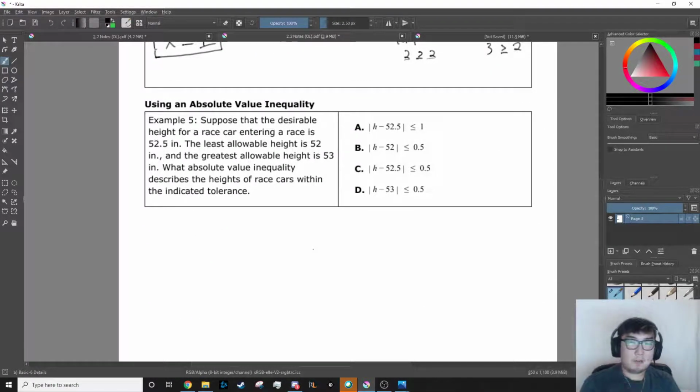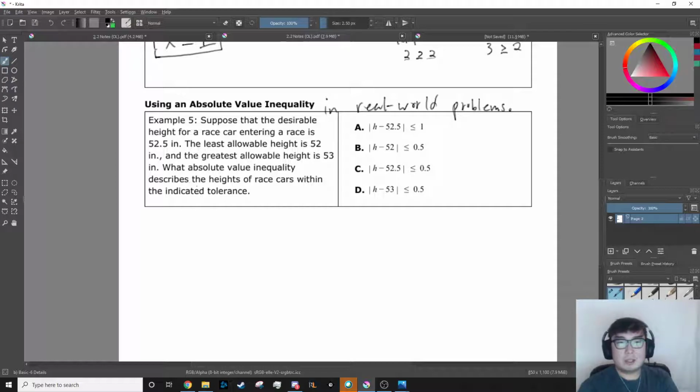And the last part of the lecture. Sorry. Using an absolute value inequality to write a formula. I want to use this in real world problems or situations.